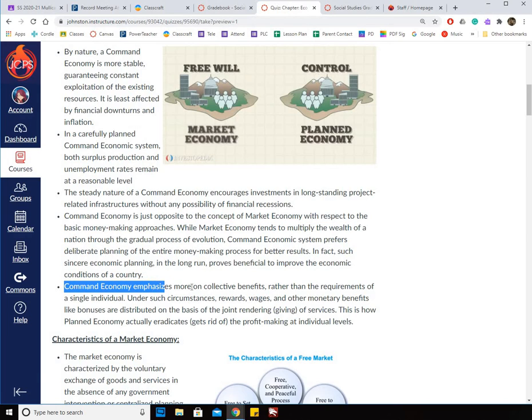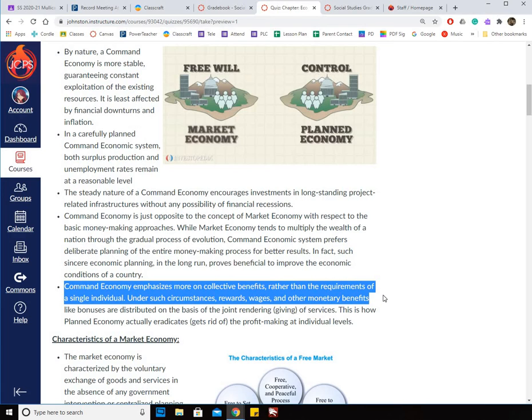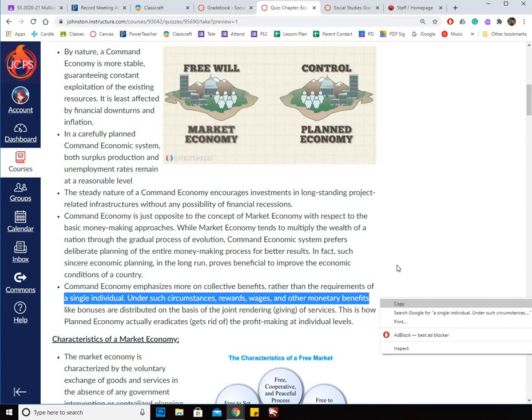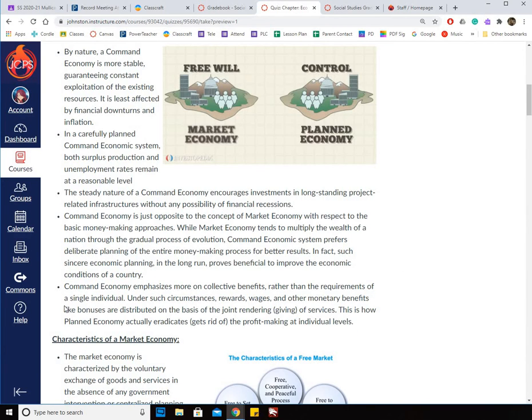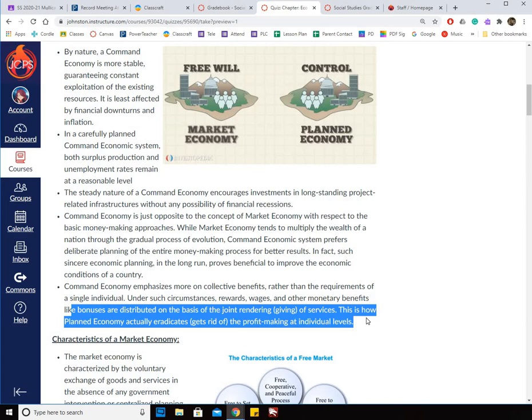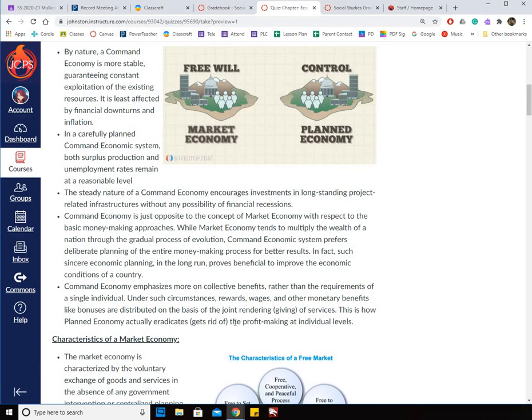Command economy emphasizes more on collective benefits rather than the requirements of a single individual. Under such circumstances, rewards, wages, and other monetary benefits, like bonuses, are distributed on the basis of joint rendering of services. This is how planned economy actually eradicates, here it is, gets rid of the profit making at individual levels.